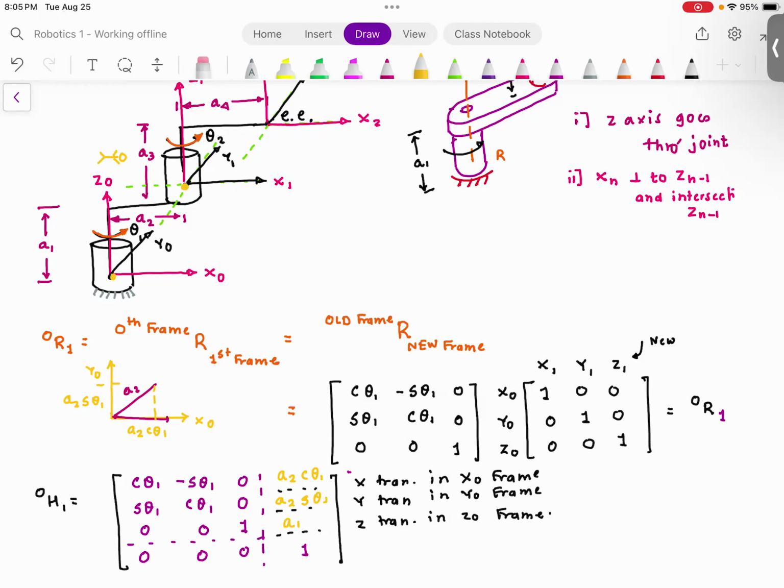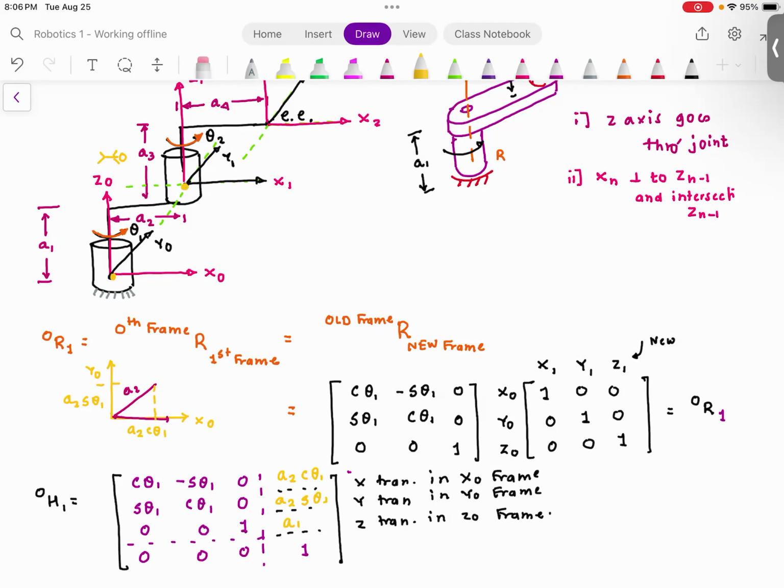So I will explain this once again because this is extremely important. So I want you to understand this. We have this rotation matrix. The rotation matrix will start with the rotation about Z, which needs to be multiplied by the projection matrix. The projection matrix will be the projection of the new frame onto the old frame.